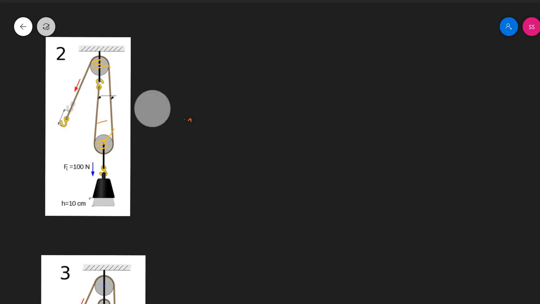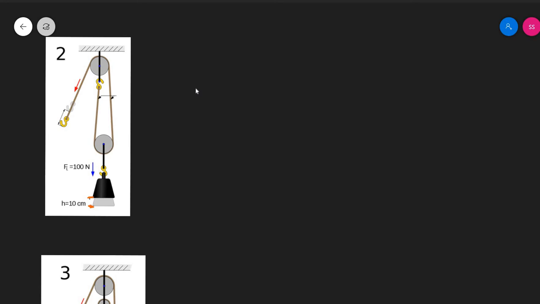The first important thing is to be able to draw this block and tackle pulley. But before we do that, let's quickly analyze how this pulley is different from a single pulley.